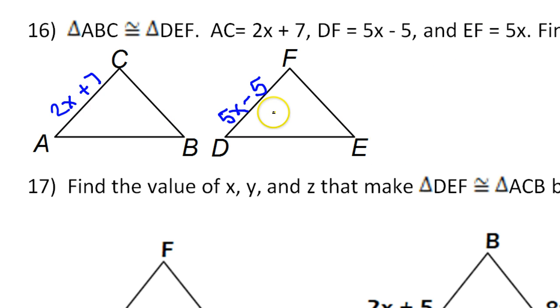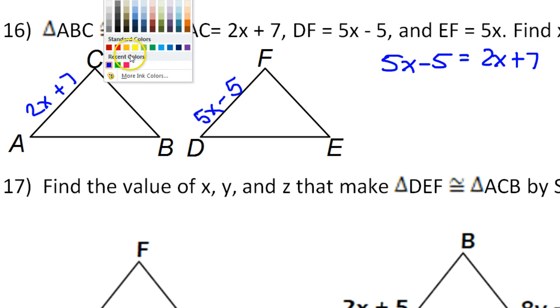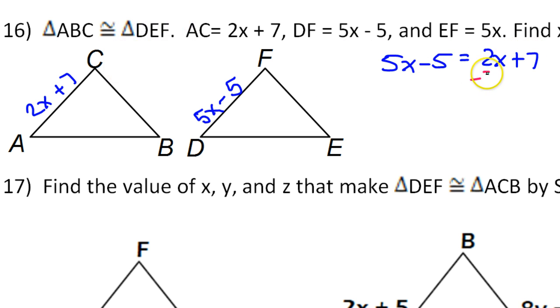Right there, these are corresponding sides, so you know that they're going to be equal in length. So I should be able to set up and solve that equation. So 5x minus 5 should equal 2x plus 7. Let's go ahead and solve this. Subtract 2x from both sides.